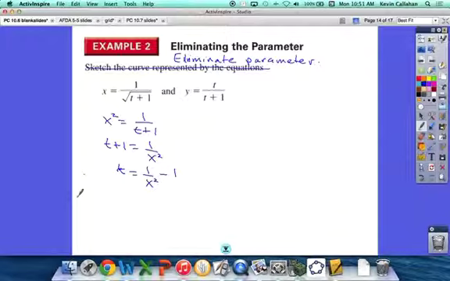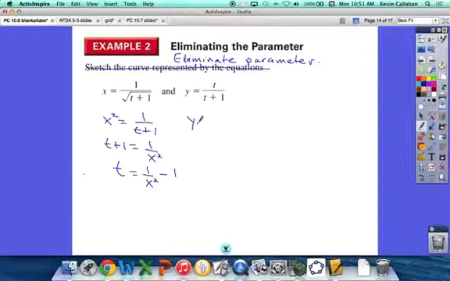That's a very bad t. Okay, so we did the first step. We solved for the parameter. Now we're going to substitute into the other equation for that parameter.